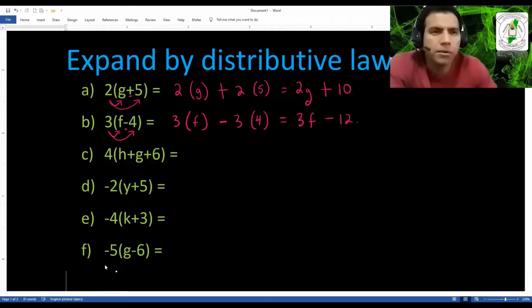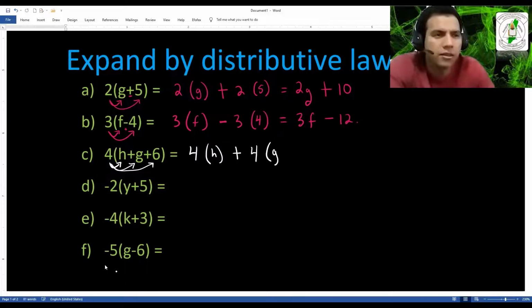In our third example, we have 4 multiplying H, 4 multiplying G, and 4 multiplying 6. So 4 multiplying H, there's a plus in between. 4 multiplying G, there's another plus. Then 4 multiplying 6.